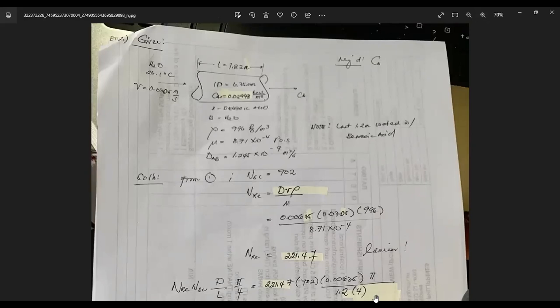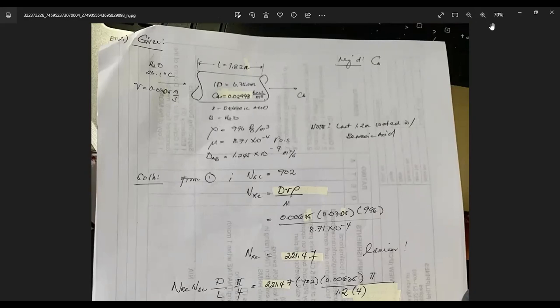So this is for a tube with an internal diameter of 6.35 mm, initial concentration of benzoic acid, which is 0.02948 kilomole per cubic meter. Water is entering this tube with this velocity at this temperature. This is the length of your tube. And the rest of these physical properties of water were provided for you.